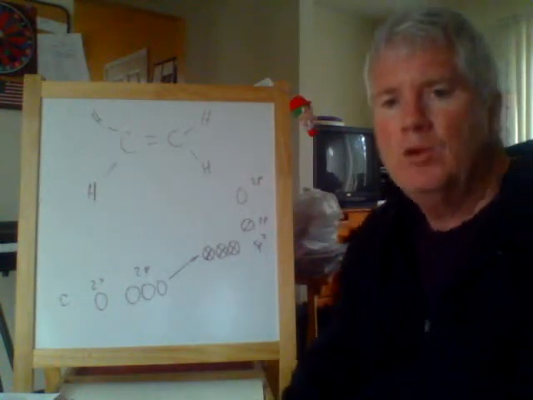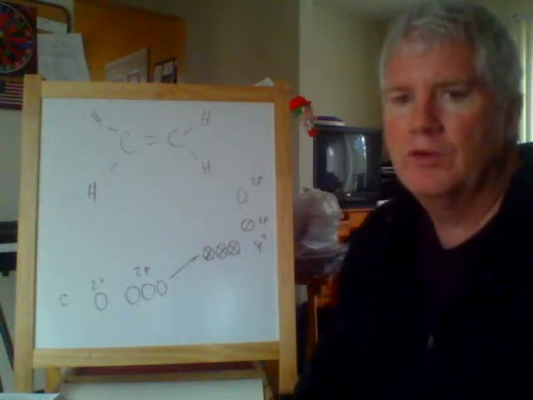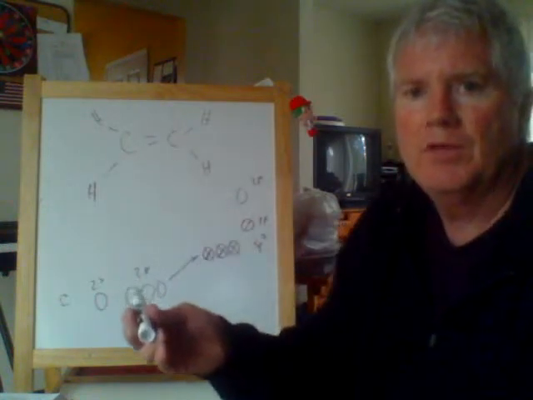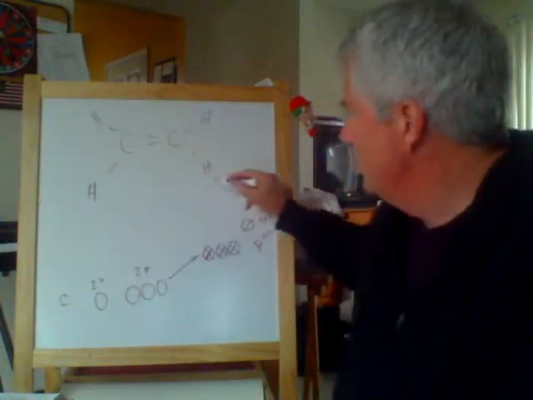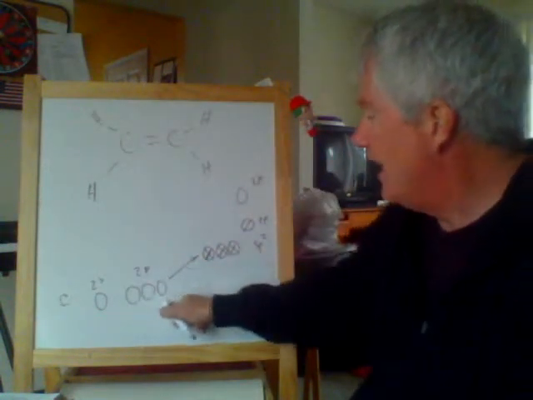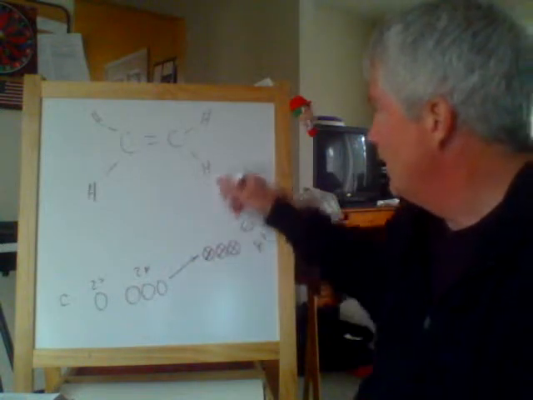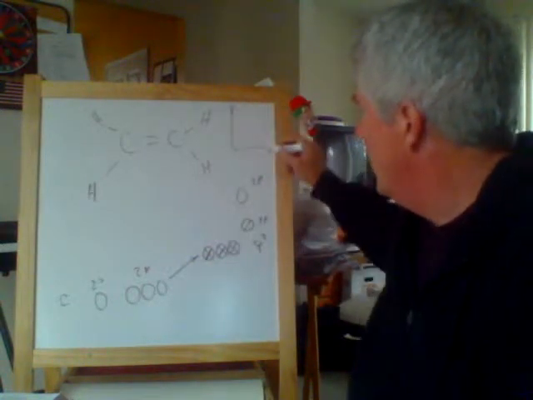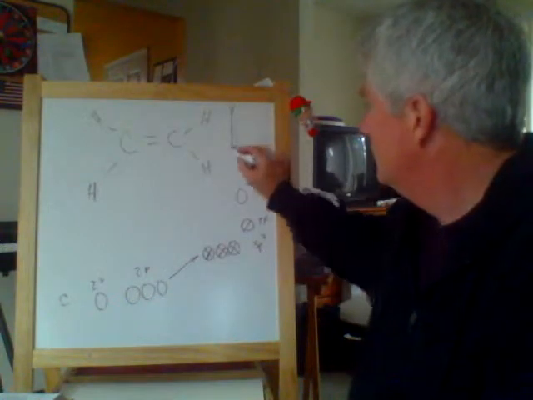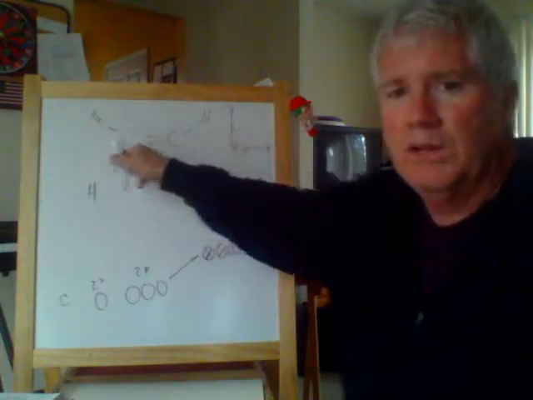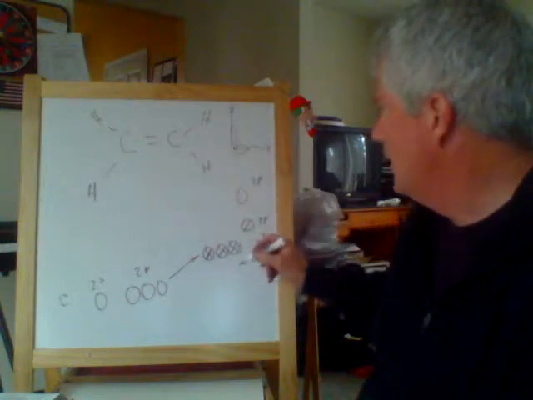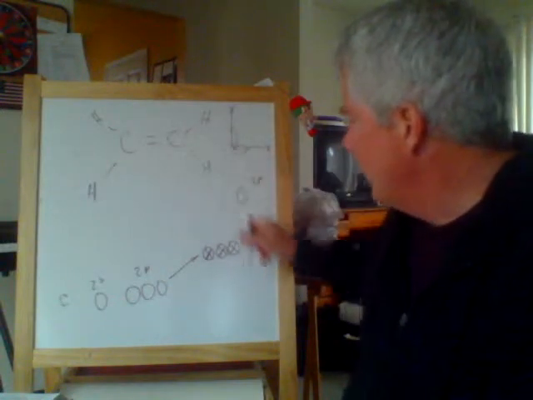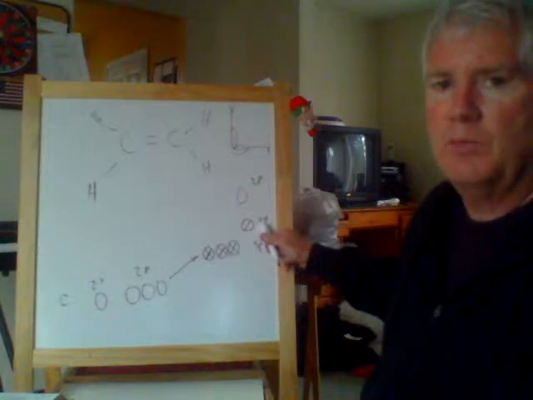Okay, now think about p orbitals. Remember the geometry of p orbitals is they're in 3 different dimensions: x, y, and z. The way I've drawn this is that the 2 p's that I've hybridized are really the y and the x shapes because they fit in this plane. The last one is the z direction. So in the z direction we have this last p orbital.